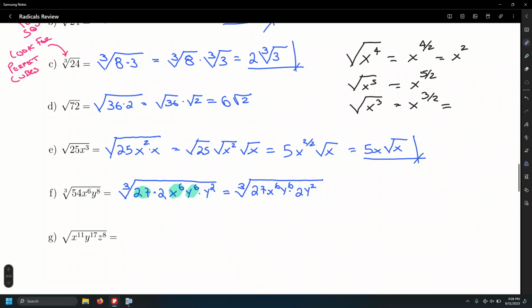The cube root of 27 equals 3. What is the cube root of x to the 6? In other words, what is 6 divided by 3? 2, so x squared. 6 over 3 for the y is also y squared. And then we're done simplifying the perfect cubes, and that leaves the cube root of 2y squared.